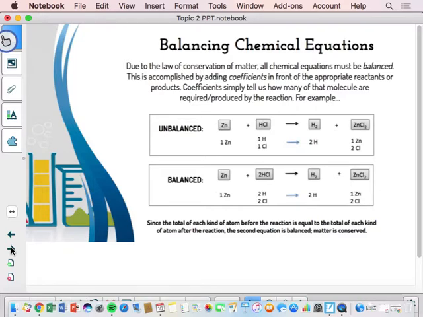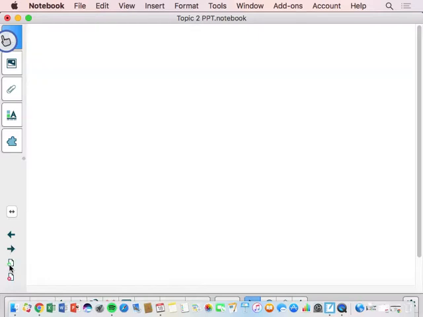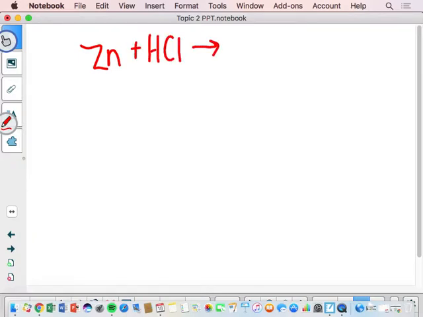What I would like to do is this question. Do you remember how? I'm just going to show you on a different slide. I just need to bring this up: Zn plus HCl gives us H2 and ZnCO2.